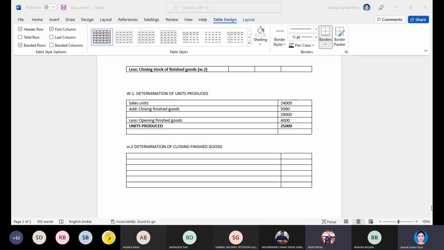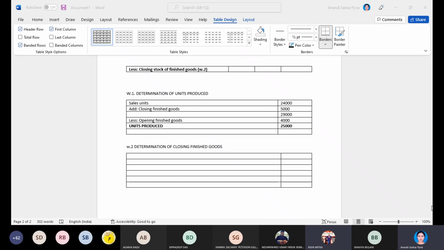So opening we know, but the production units we don't know. We have found out that the units produced are 25,000. But for selling, we have issued 24,000 units under the LIFO method. So just deduct the issue of 24,000 units under LIFO method.